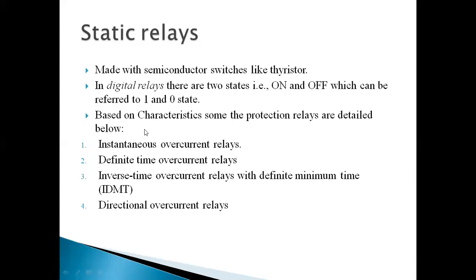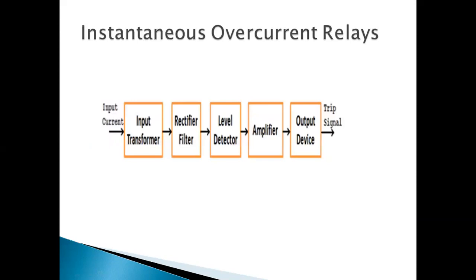Based on the characteristics, static overcurrent relays are classified as instantaneous overcurrent relays, definite time overcurrent relays, inverse time overcurrent relays with definite minimum time, that is IDMT, and directional overcurrent relays. Out of these, we'll see the first two: the instantaneous overcurrent relays and definite time overcurrent relays.